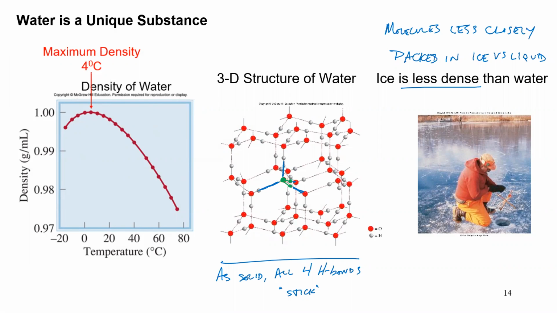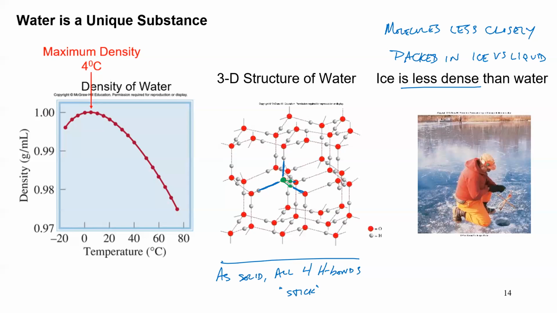And there are certain people out there who will say that that one fact is the reason there's life on Earth. Because if ice was more dense than water, then in the wintertime, ice would freeze and sink to the bottom of your lake or of the ocean. And then in the summertime, the top of the lake or body of water would be warmed up, but it wouldn't ever warm up the ice on the bottom. And so the next winter, you'd get more ice and it would sink to the bottom.